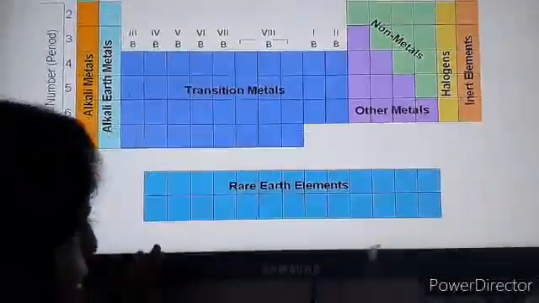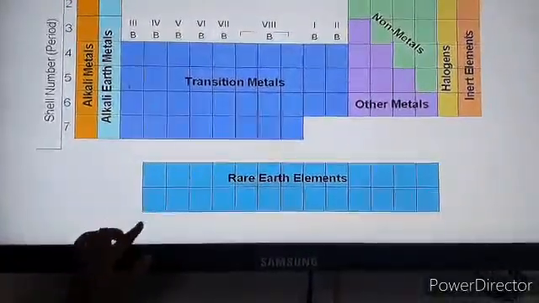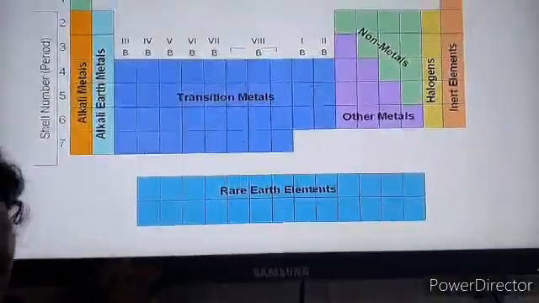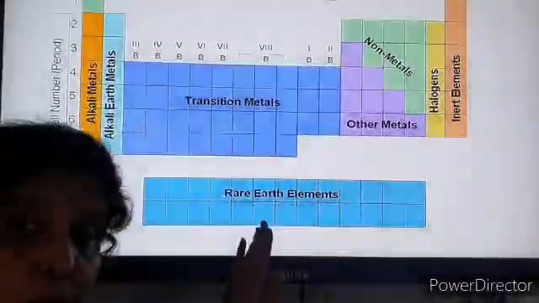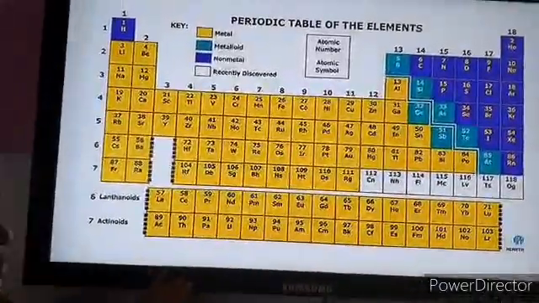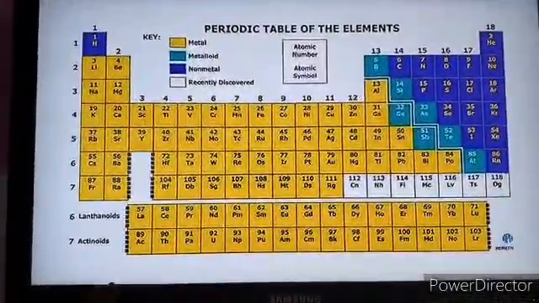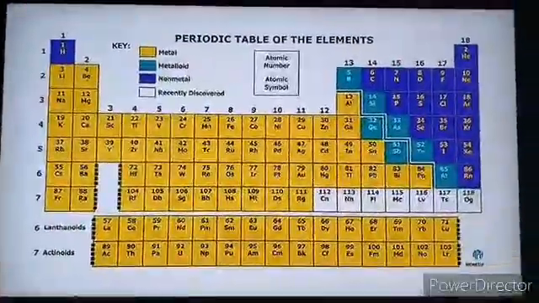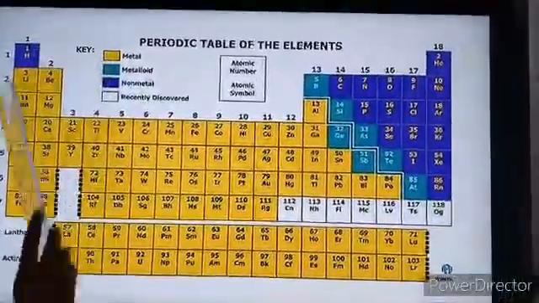And this particular series, lanthanides and actinides together, are known as rare earth elements, or also as inner transition elements. Look at this colorful periodic table. All those elements which are in yellow boxes are metals.